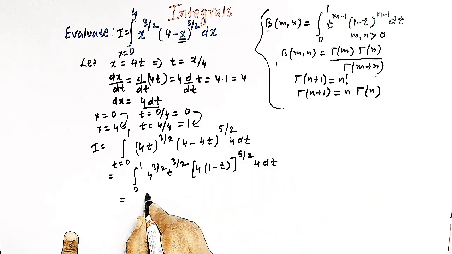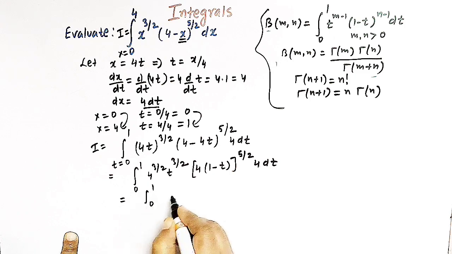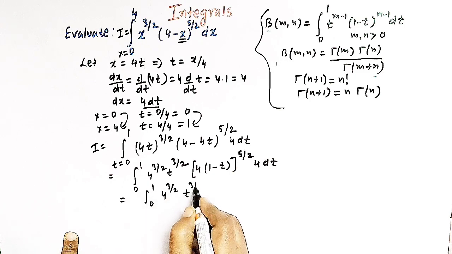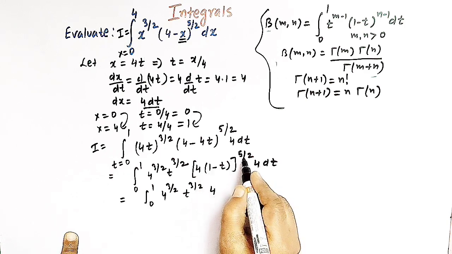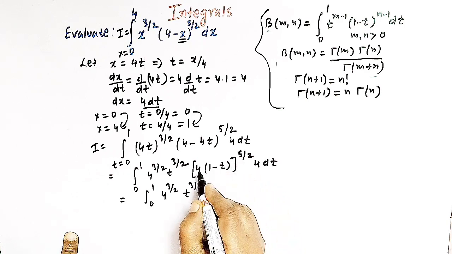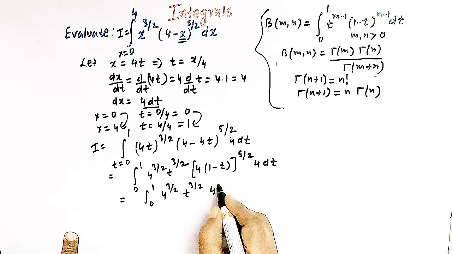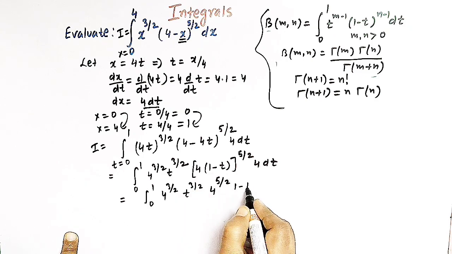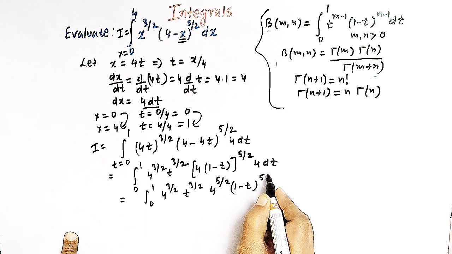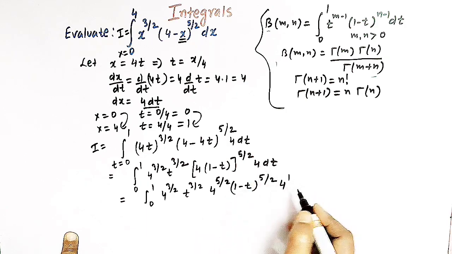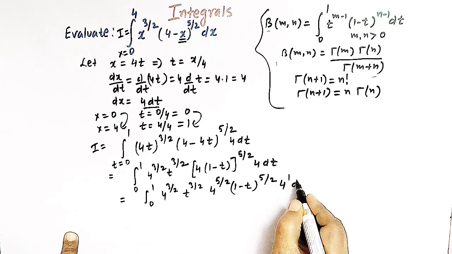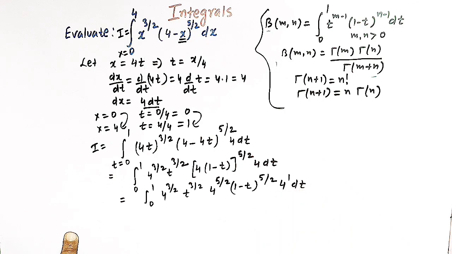So now we can write the integral from 0 to 1 of 4 raised to 3 by 2, t raised to 3 by 2, and then this exponent can be distributed over 4 and 1 minus t. So we have 4 raised to 5 by 2, 1 minus t raised to 5 over 2, and here we have 4, which can be written as 4 raised to 1, and dt.